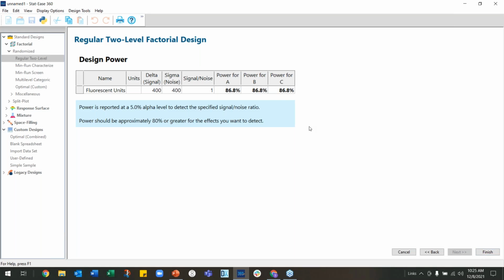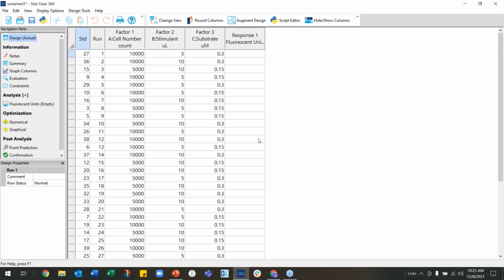All right, so that is 40 runs, 8 runs times 5 replicates, 40 runs. I could finish and build that design and then collect all of my data, and should have success with this.